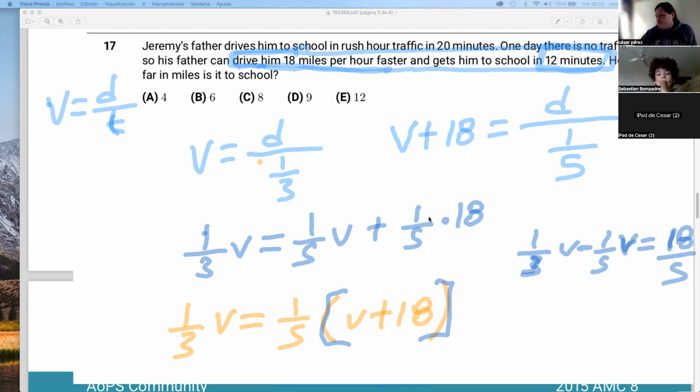I made this multiplication. We are going to subtract the coefficients here. And if I subtract 1/3 minus 1/5, I made the subtractions of fractions this way.